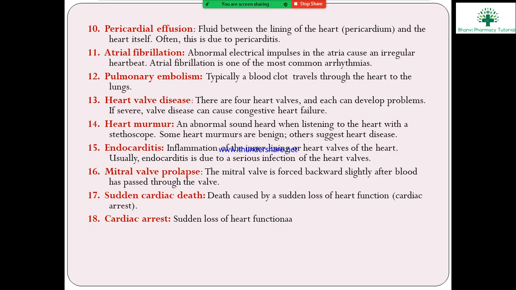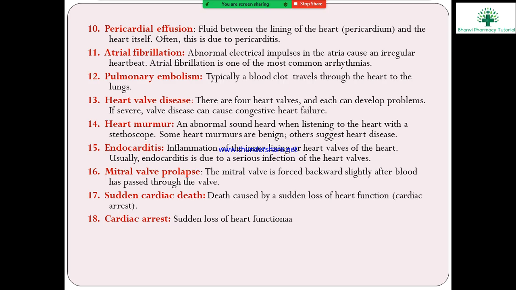Next, mitral valve prolapse. What is the mitral valve? It means the bicuspid valve. Prolapse means the bicuspid valve is forced slightly backward after blood has passed through the valve, causing insufficient opening and closing of the valve.